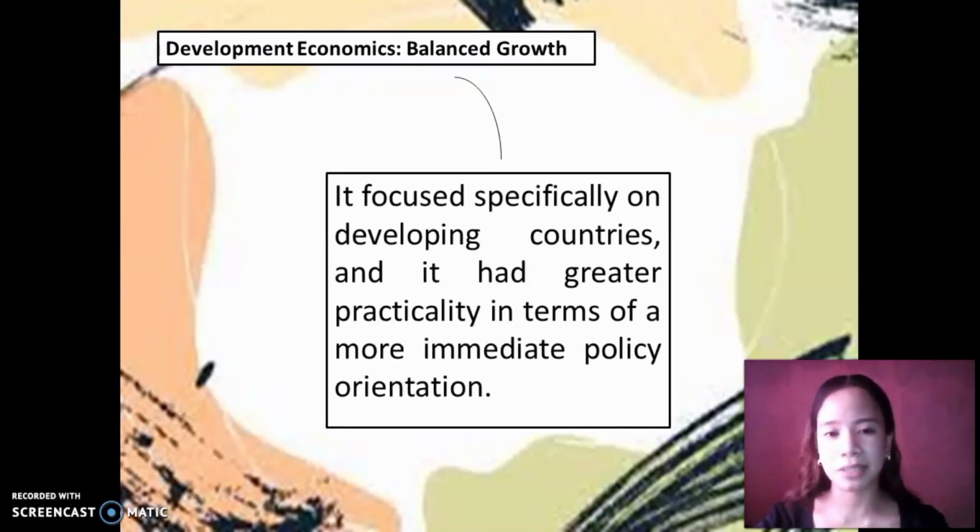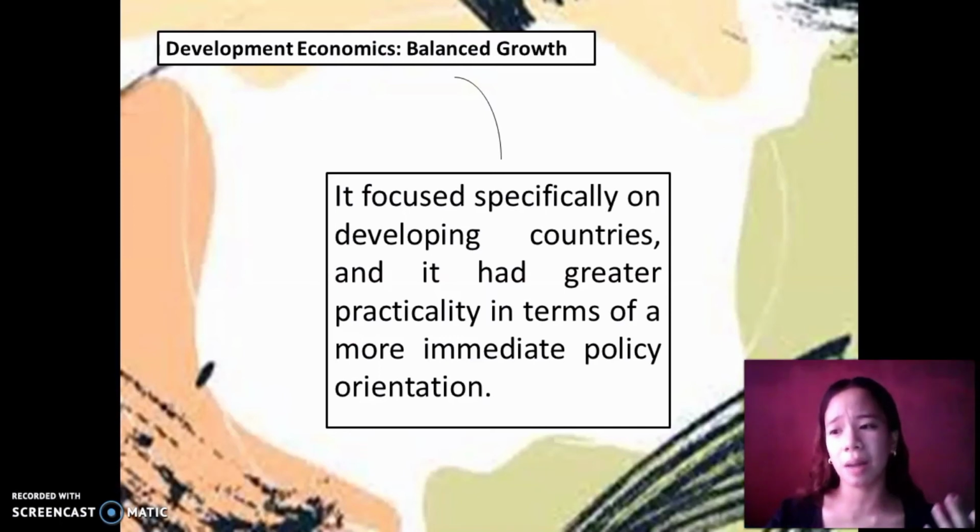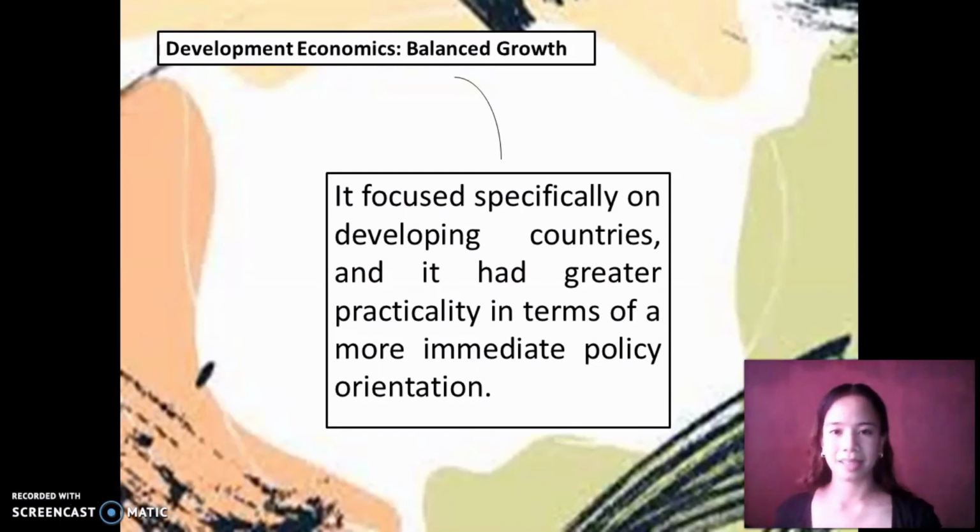It focused specifically on developing countries, and it had greater practicality in terms of more immediate policy orientation. So actually, development economics assumed that economic processes in developing countries were distinct from those of developed countries, as structuralists argue. Development economics eventually settled that neoclassical economics was not inapplicable to third world development.